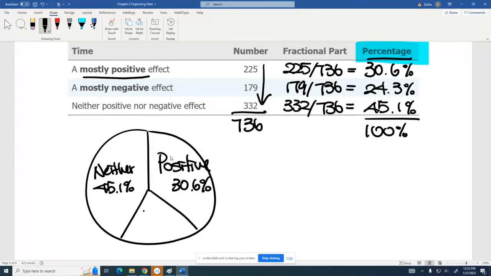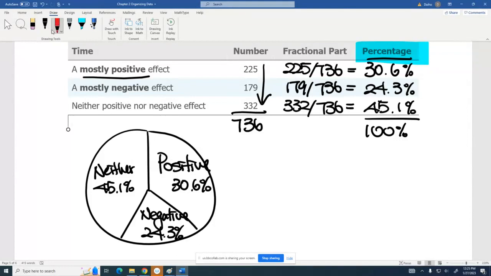And the second one was negative, 24.3%. The whole pie is 100%. Most of the time with the frequencies, we made a histogram or bar graph. But for the pie chart, we always need the relative frequencies, the percentages, because the whole pie is 100%.